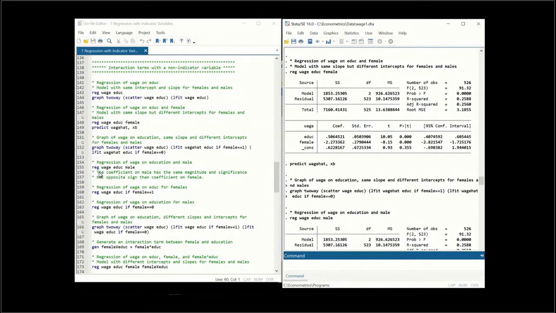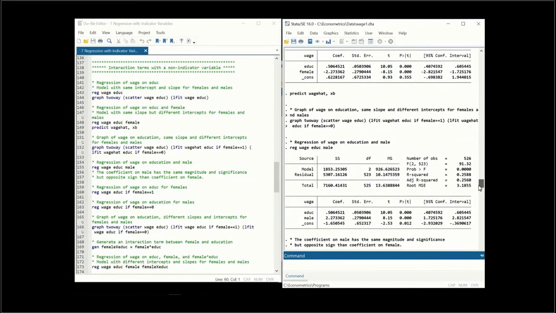Now, what if we want to have a regression of wage on education and male instead of female? If we estimate this other equation, notice what will happen. Here we have the same coefficient on education, but the coefficient on the gender variable is now the opposite in sign.